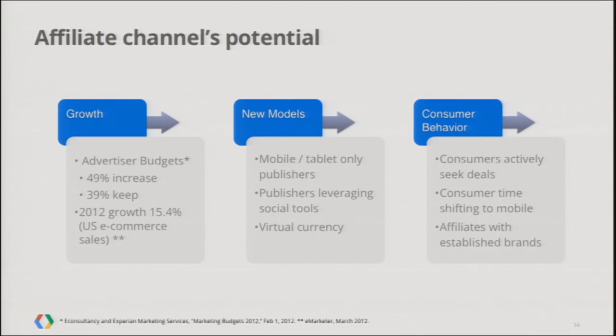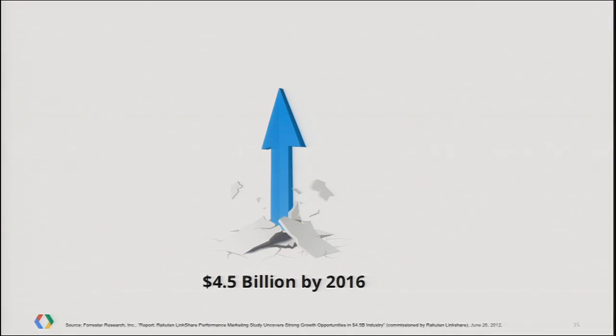And if that isn't enough to convince you, the market size, which I haven't talked about earlier, is estimated to be about $4.5 billion by 2016. It's a recent study done by Forrester, with expected growth rates continuing to be around 17% compounded every year between now and then.